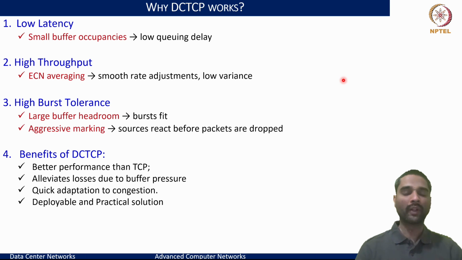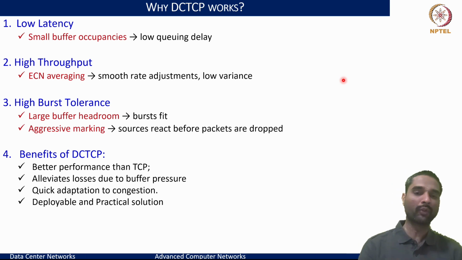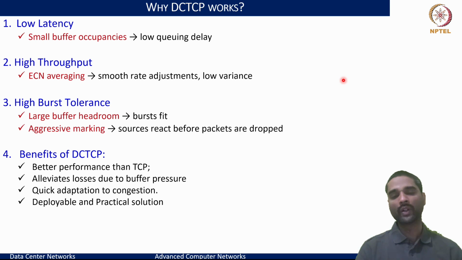Timely is one paper that came in 2017 SIGCOMM, and DCQCN was another approach from Microsoft, where they tried to improve on DCTCP as a means to address congestion problems. There were several other interesting works to look at, but for the scope, we will contain ourselves here, and I hope we have gotten a good understanding of how DCTCP works and why there was a need for a variant of TCP for data centers.